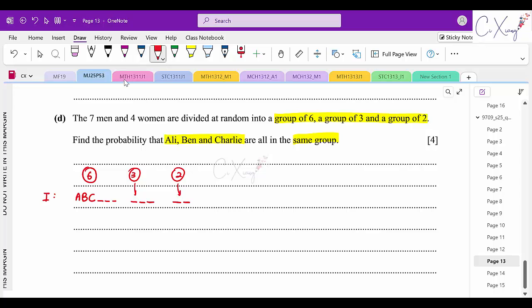I have another case where Ali, Ben, and Charlie, all of them are in the 3-person group. So ABC is in the 3-person group, then the 6-person group still has 6 empty, and the 2-person group still has 2 empty.